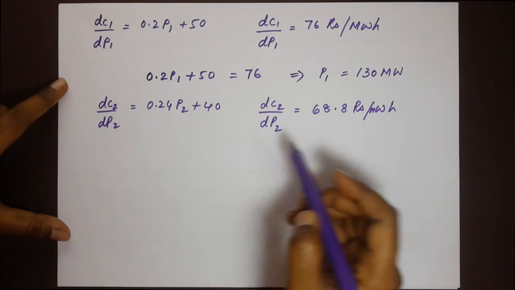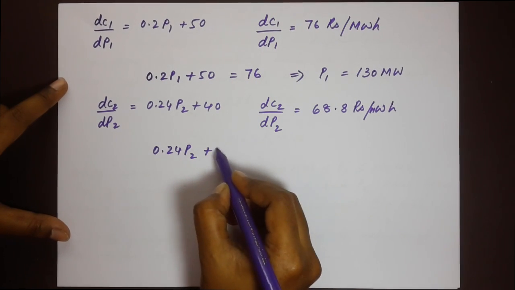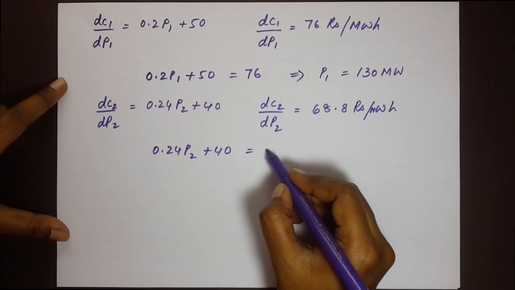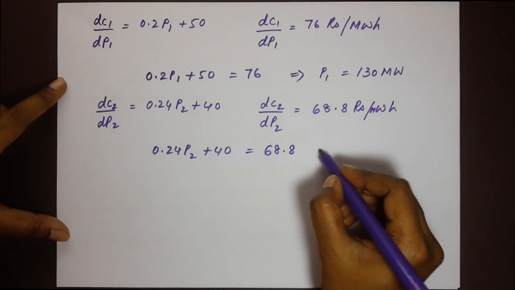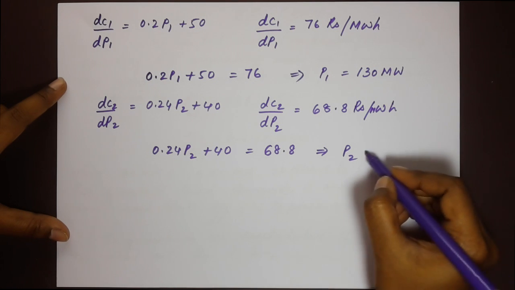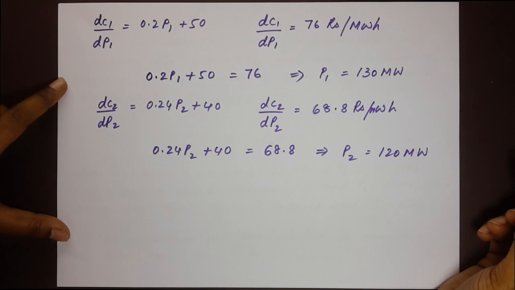Now we equate the two. 0.24 P2 plus 40 equals 68.8. Solving this, you should get a value of P2 as 120 megawatts.